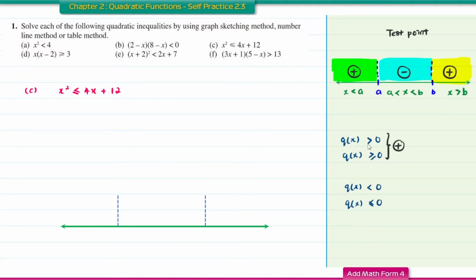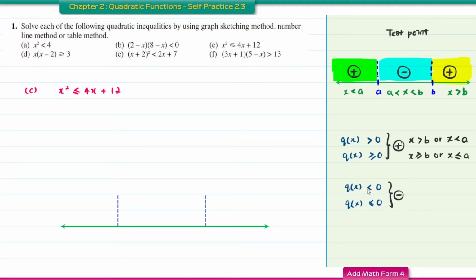So for quadratic equations greater than 0, the solution will be x greater than b or x less than a. And for quadratic equation greater than or equal to 0, the solution is x greater than or equal to b or x less than or equal to a. And for quadratic equation which is less than 0, the solution will be on the negative parts on the number lines.